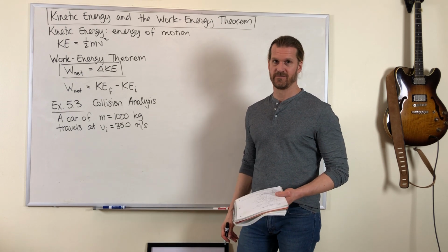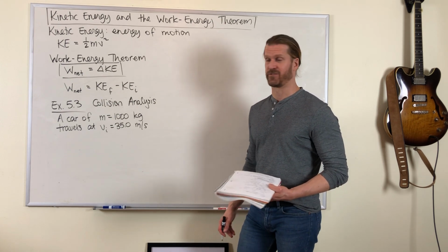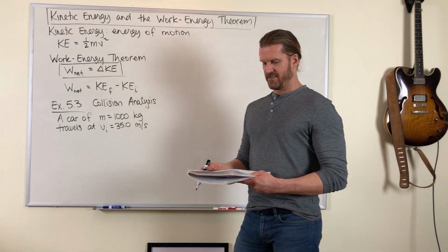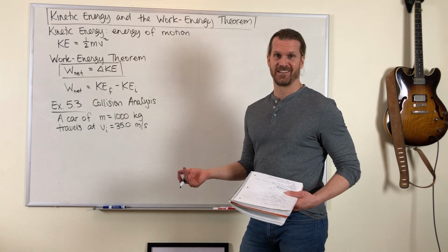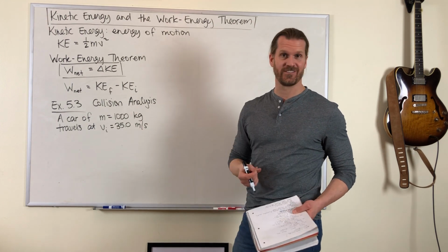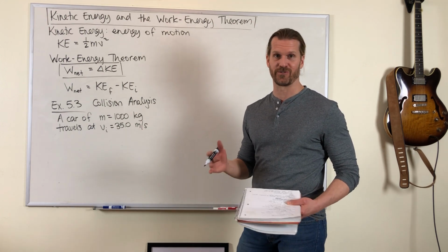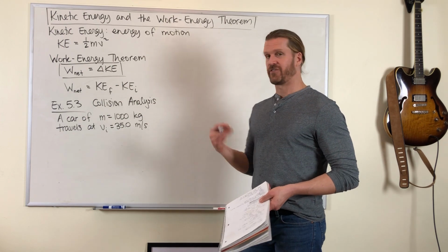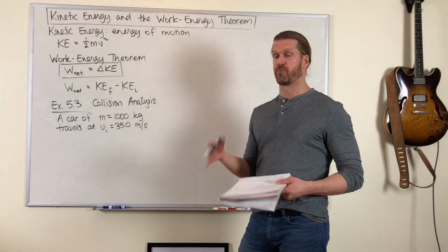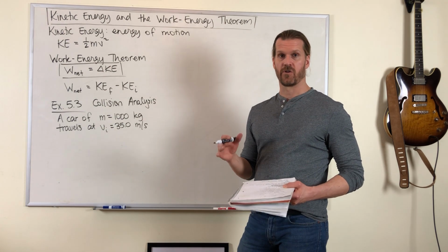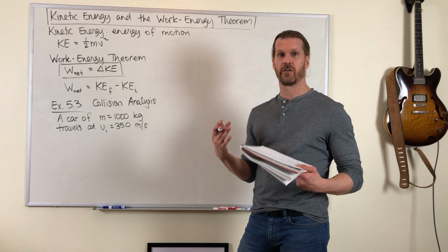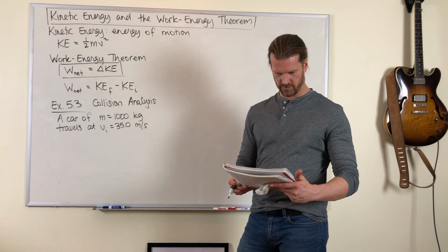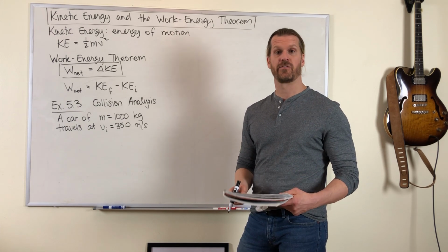So someone going fast freeway speed. And they need to stop. They need to reach a final speed of 0 in order to avoid colliding with someone. Let's say that the brakes on the car are able to cause a friction force on the car of 8,000 newtons.